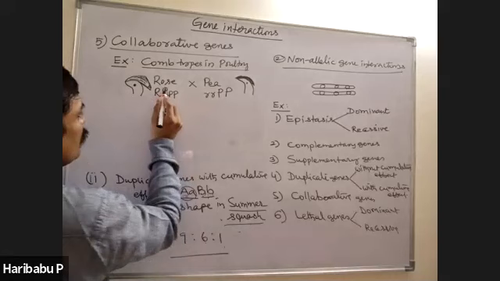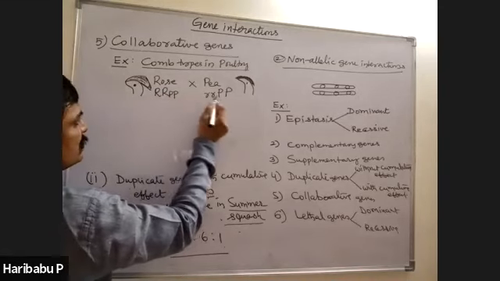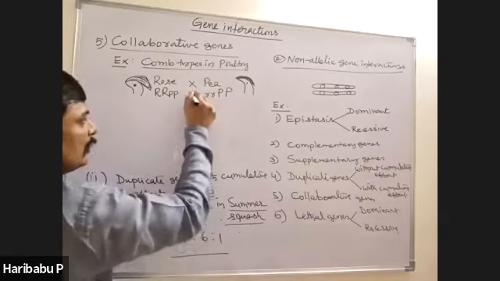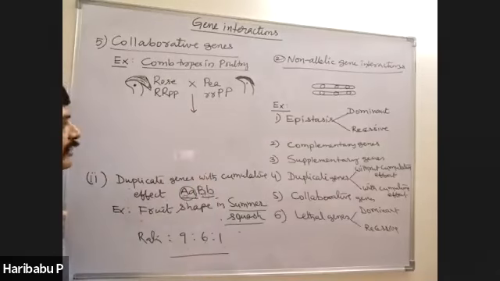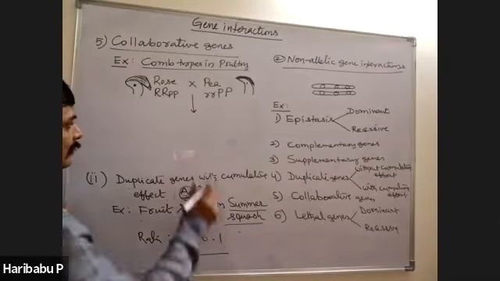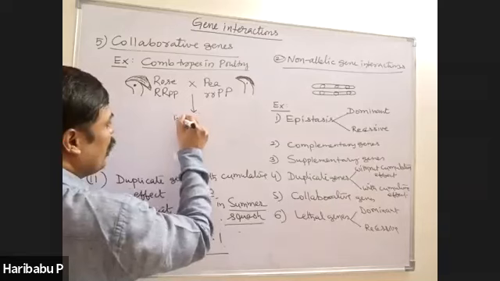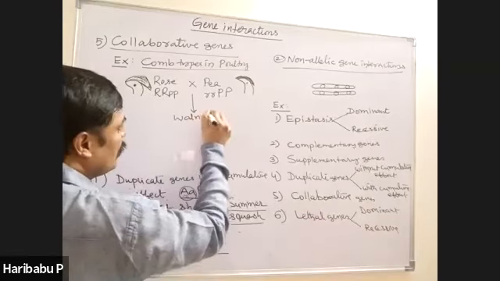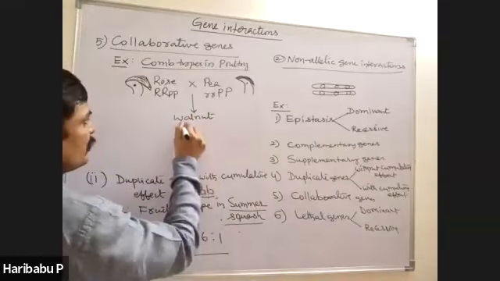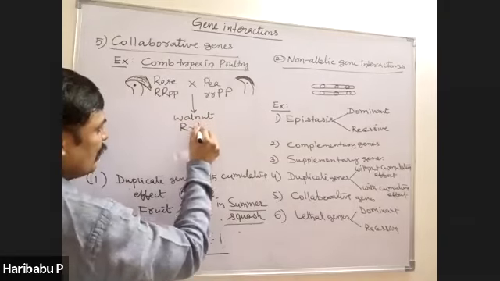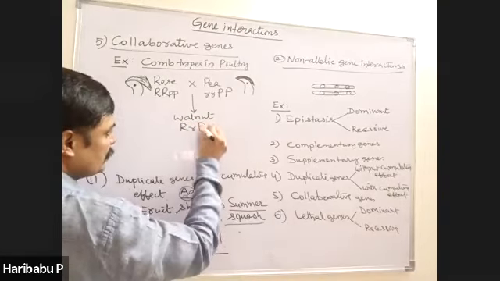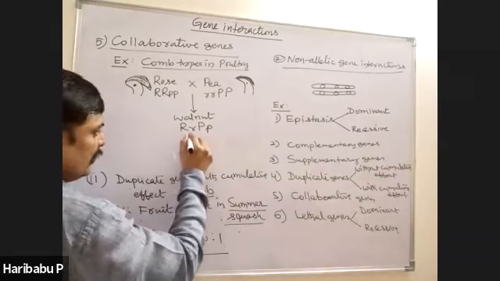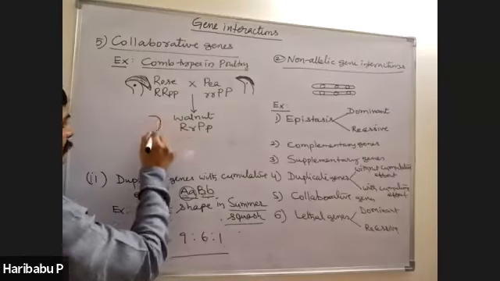So when a rose comb containing bird is crossed with a pea comb, in the F1, it produces altogether a new one, that is walnut comb. It shows capital R, capital P, small p, right? Therefore, here it is like this.